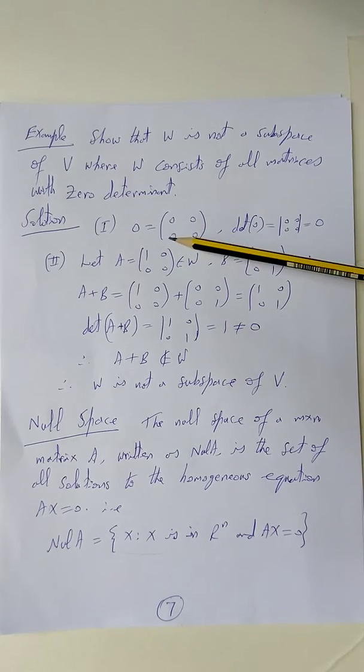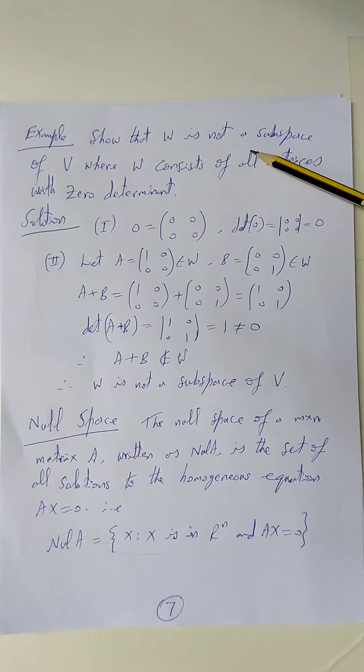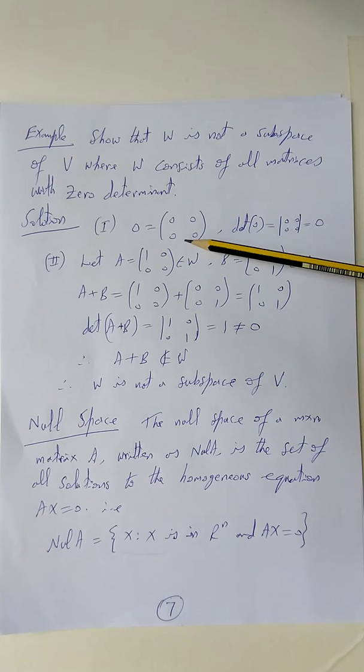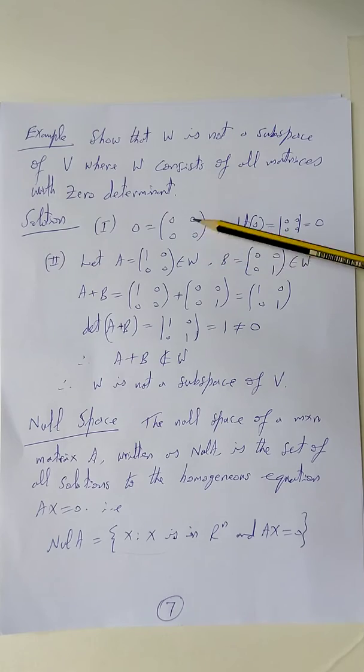Now we are talking about matrices. In the previous example we were talking about R^3, but now you can take either a 2 by 2 matrix or a 3 by 3 matrix, it's up to you. The easiest is to take a 2 by 2 matrix. The zero matrix is 0, 0, 0, 0.